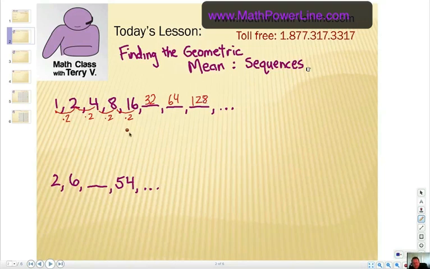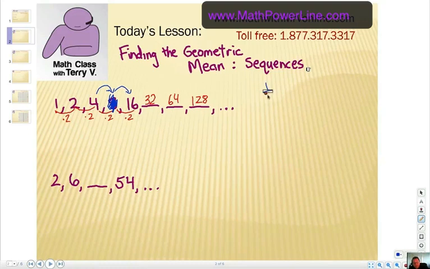So the next question is, even if I didn't know the doubling pattern, what if I was missing a number in the sequence and it was gone and I needed to figure it out? So I need to figure out how to go from 4 to the mystery number and then from the mystery number to the 16. So that's a little bit of a harder question. Well, let's take a look at the pattern here.